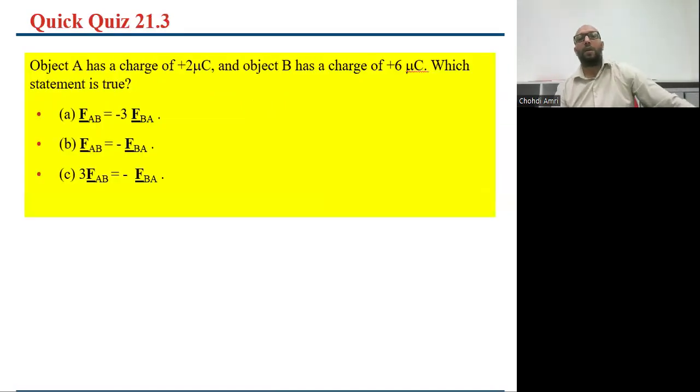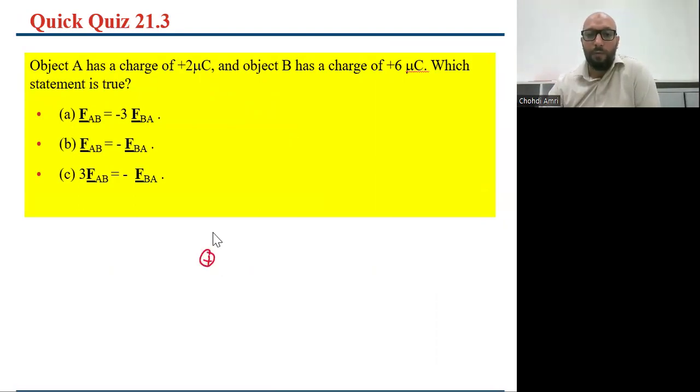Good. A quick quiz. An object A has a charge of +3 microcoulomb, and an object B has a charge of +6 microcoulomb. Which statement is true? Let's draw the situation.